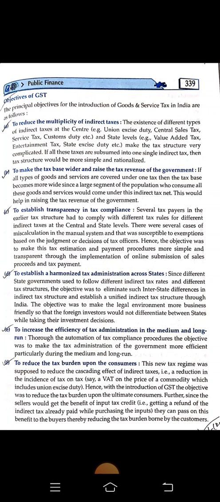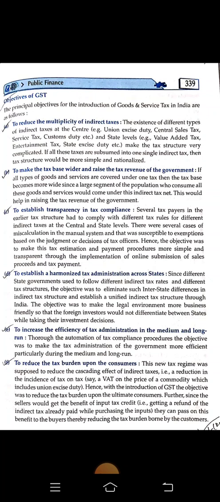The new tax regime was supposed to reduce the cascading effect of the indirect tax, that is, a reduction in the incidence of tax on tax, say a VAT on the price of the commodity, a commodity which includes union excise duty.